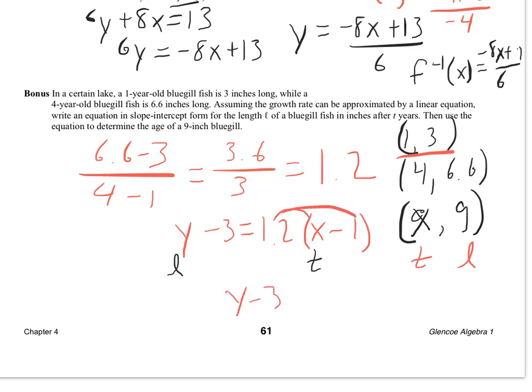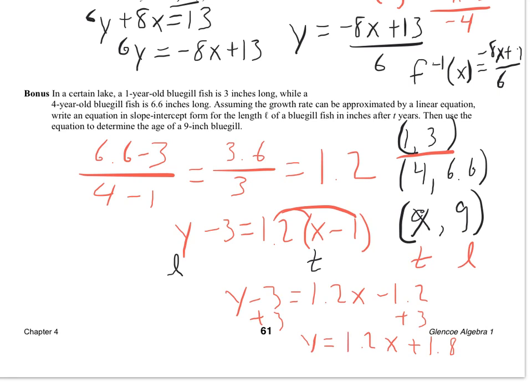Y minus 3 is equal to 1.2x minus 1.2. Add 3, negative 1.2. I should get y is equal to 1.2x plus 1.8.